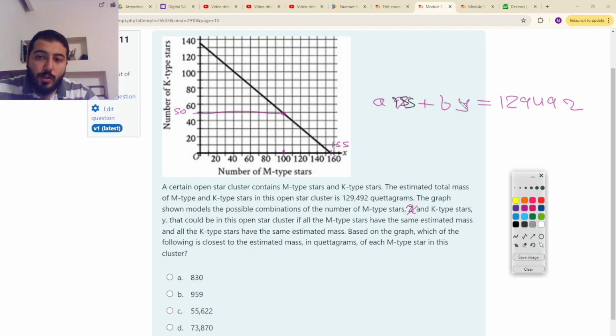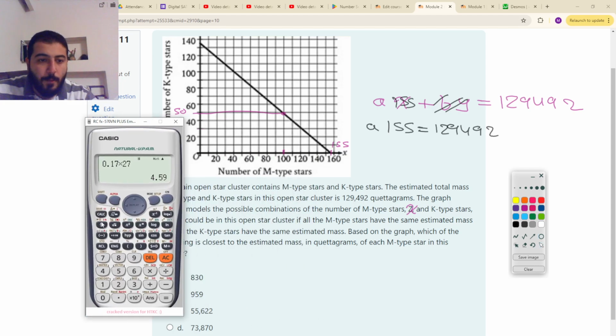We have 0 y's, so 0 times anything is 0. So A, the coefficient of x, the mass of x, multiplied by 155 is this value. So now if you choose this one, you choose all of them from M type. There are 0 K types. So now you can send the 155 to the other side by dividing both sides by 155.